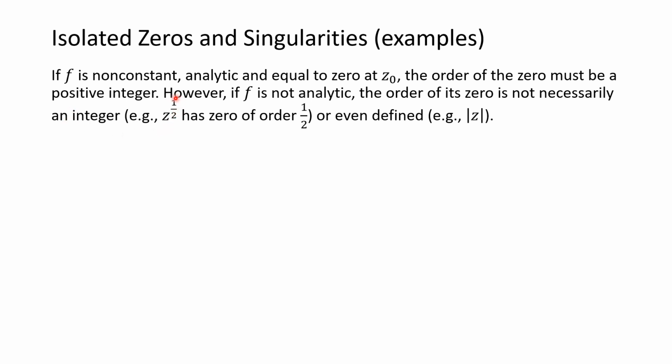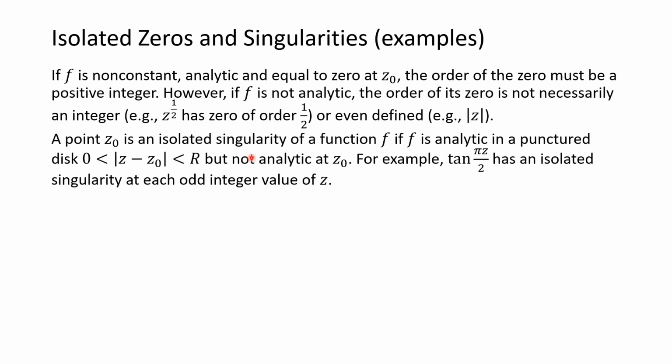For z to the 1/2 power, we actually define the zero at z equals 0 as being of order 1/2. And in the case of the modulus of z, there is a zero at z equals 0, but the order is not defined at all.